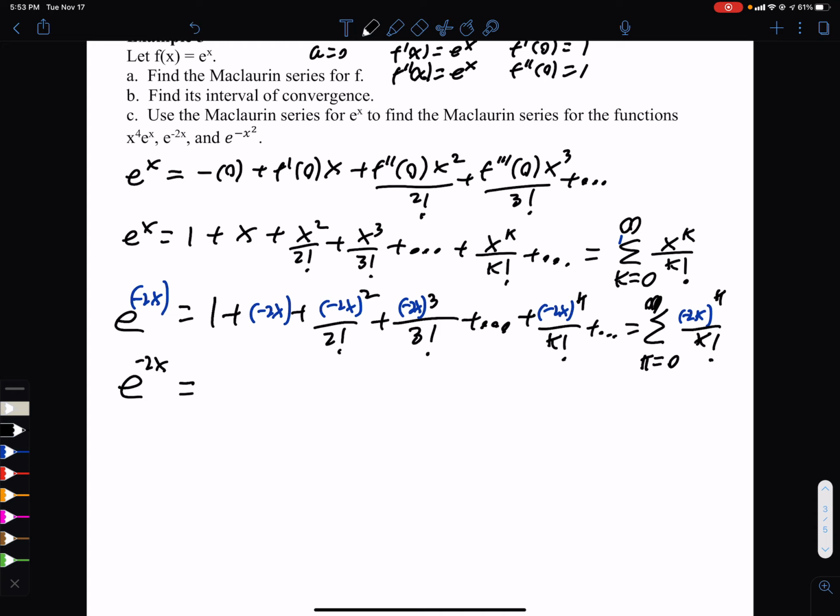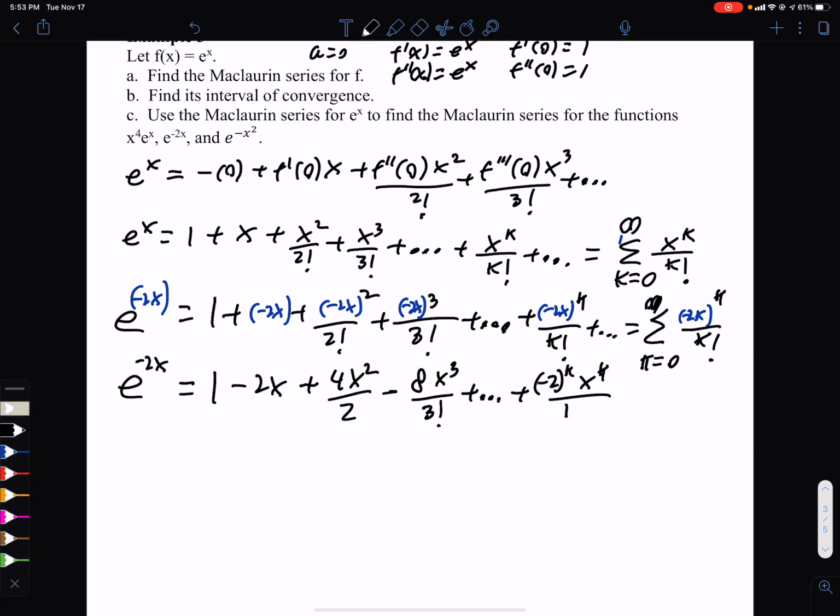So I'm going to get 1 minus 2x plus 4x squared over 2, that will simplify, minus 8x cubed over 3 factorial plus dot, dot, dot, plus it's negative 2 to the k, x to the k over k factorial plus dot, dot, dot.